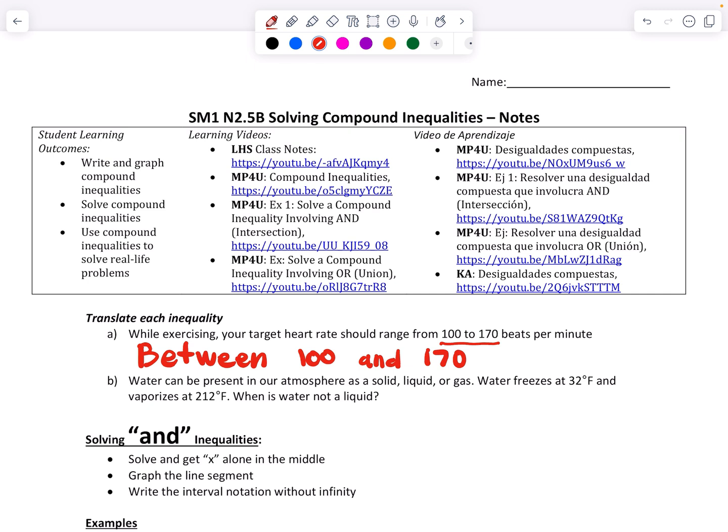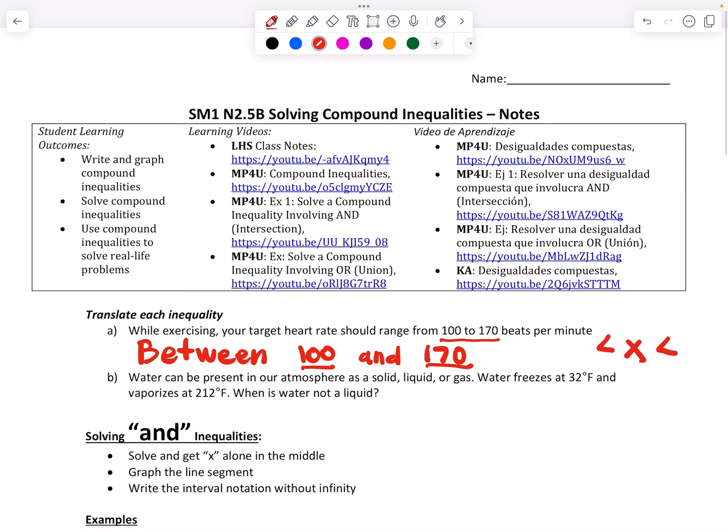Now, the way I read that, where it should range from 100, it sounds like 100 itself is good, and 170 is also good. So in our inequalities, whenever you are trying to write between, what you're going to do is take x and write a less than symbol on either side of the x. X is between those less than symbols. And because we want to include the 100 and the 170, I'm going to do less than or equal to.